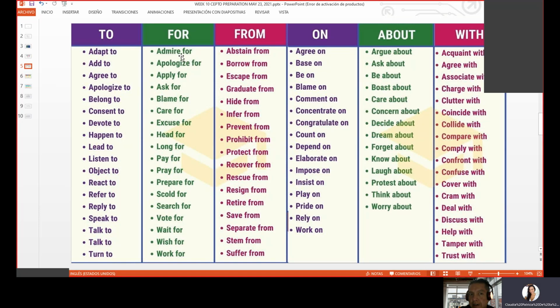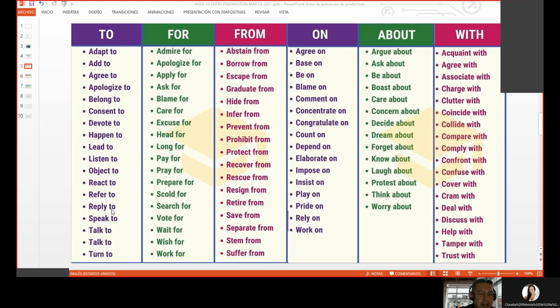As you know, you admire a person, or "admire for." Sometimes you can also omit the preposition. For example, I admire my mother. Other verbs, examples: abstain from, agree on, agree about, argue about, and acquaint with.